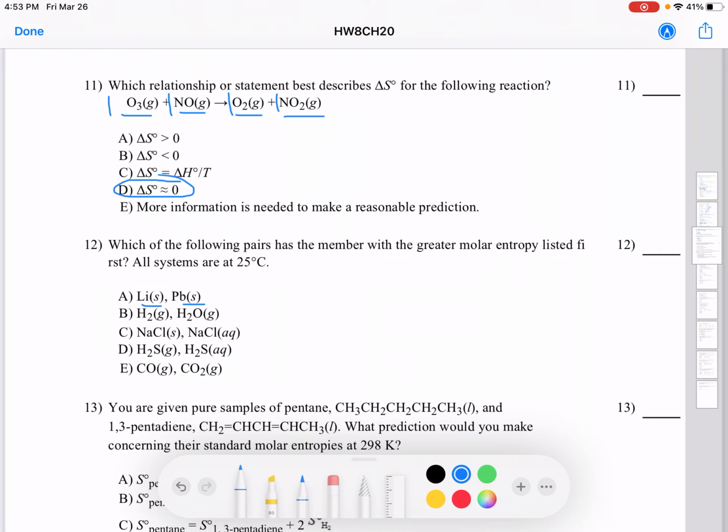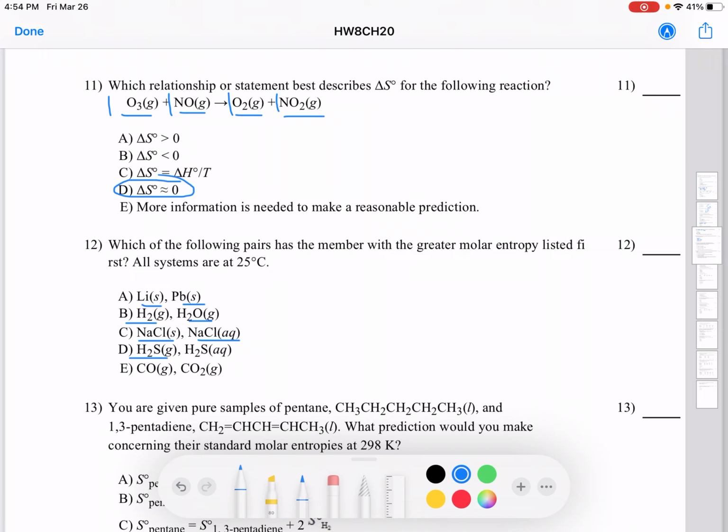We are looking for the one that has the greater molar entropy listed first. And then the second one, hydrogen gas, water gas. That's not correct. So water has more entropy. Sodium chloride solid, sodium chloride aqueous, meaning dissolved in water. Sodium chloride aqueous has more entropy compared to sodium chloride solid.